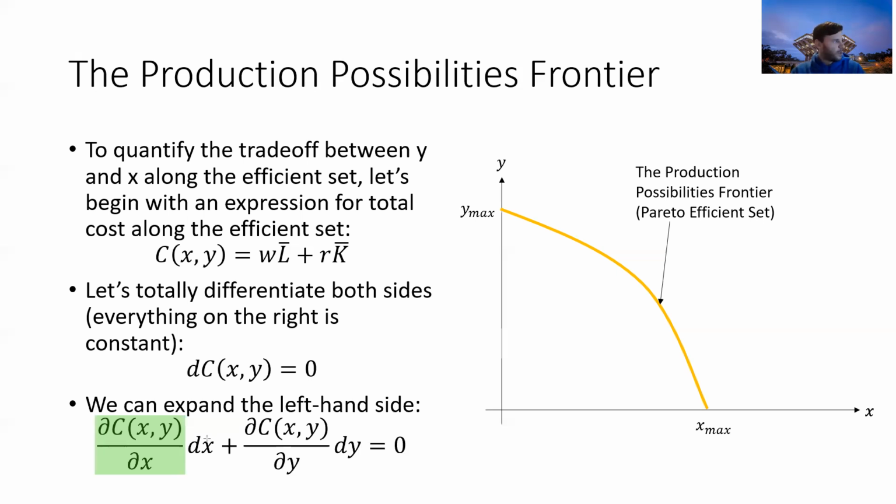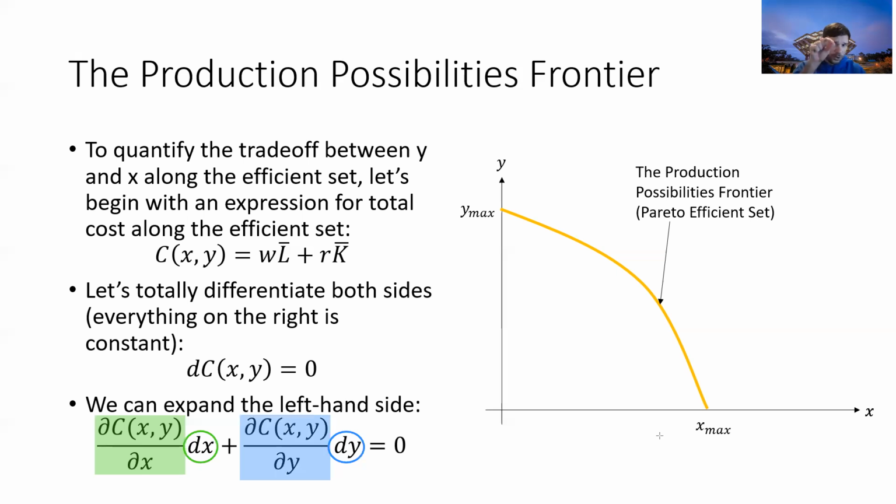Then we multiply it by how much we actually changed X. That's the total change in the cost from changing X. The term in the blue here is the change in the cost from changing Y a little bit. And then we multiply that by how much we actually change Y. That's the total change in the cost from changing Y. So if I add the green term and the blue term together, that must give me the total effect on how the cost changes.